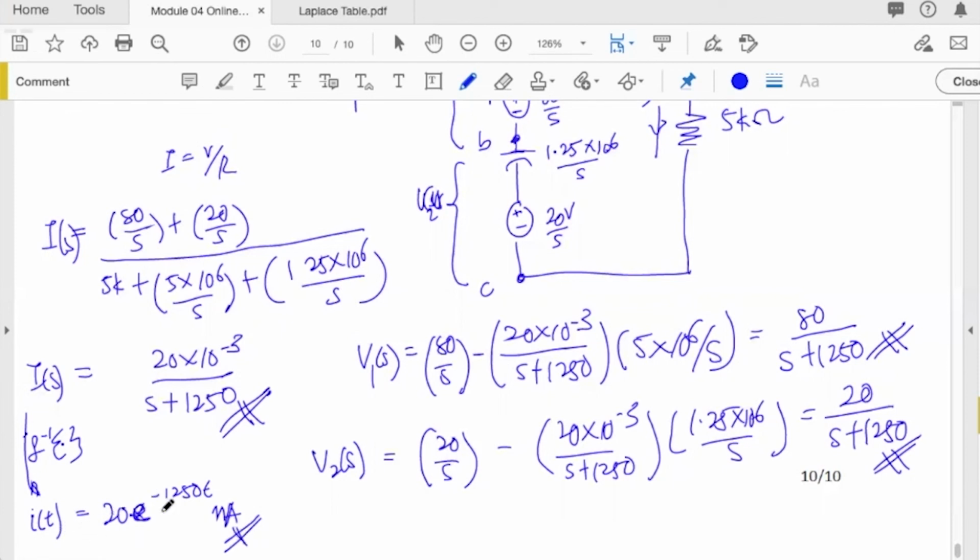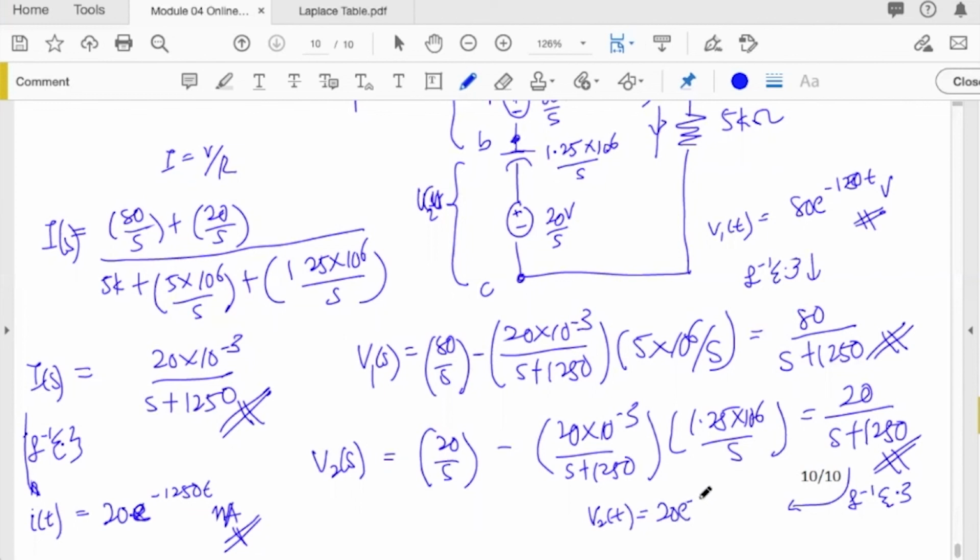That's for the current. For V1, if you apply the inverse Laplace transform, you get v1(t) equal to 80 exponent of negative 1250t volts. And finally, for V2, if you apply the inverse Laplace transform, you get v2(t) equal to 20 exponent of negative 1250t volts. All right.